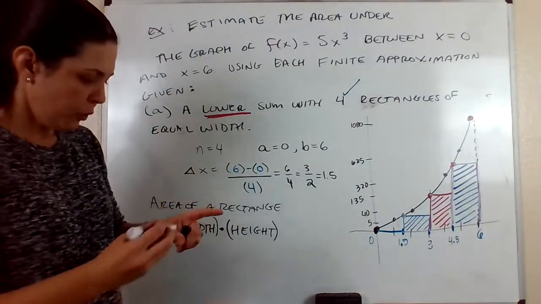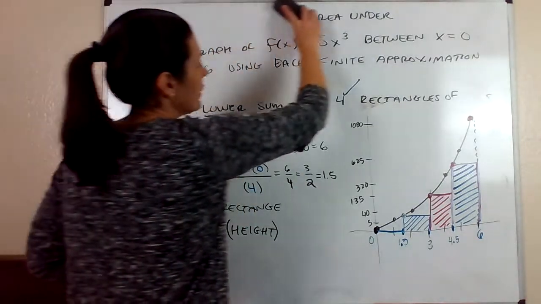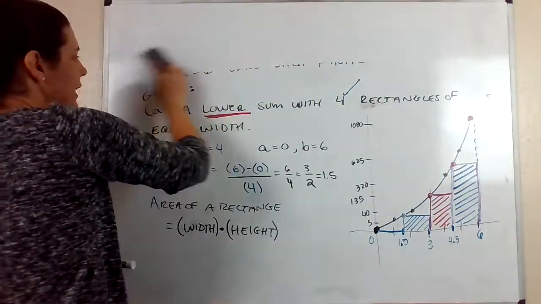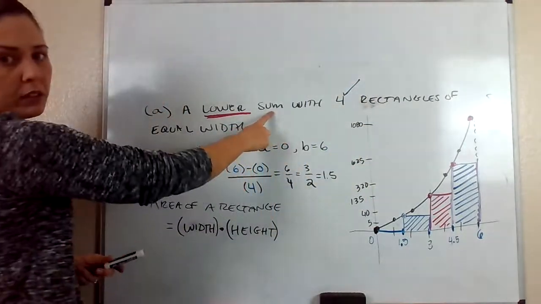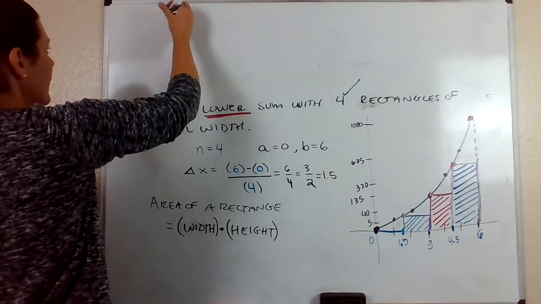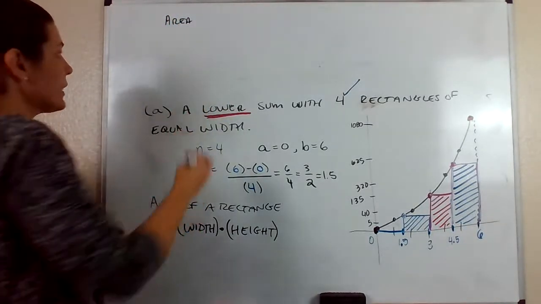So each of those 4 rectangles, here's what we're going to do now. We're going to take the individual areas and we're going to add them up. That's why it says sum. That's why the sum was part of the process here, part of the words. So I'll write it in words so that you understand what I'm going to go and do next.